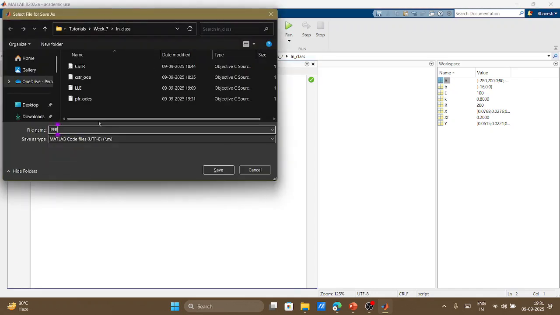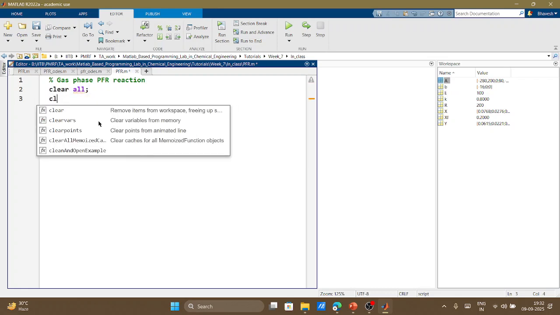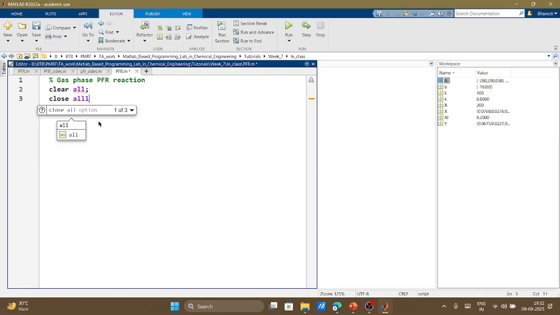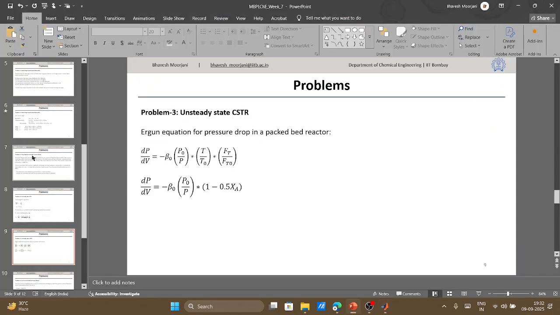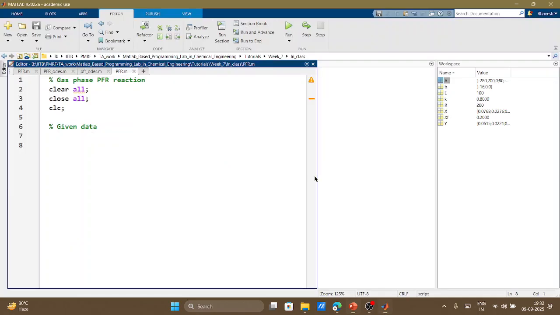Here, we start by removing all the variables, closing all the previous graphs, and clearing the screen. Now what is the given data? The given data is CA naught, FA naught, K naught. So first is CA naught.